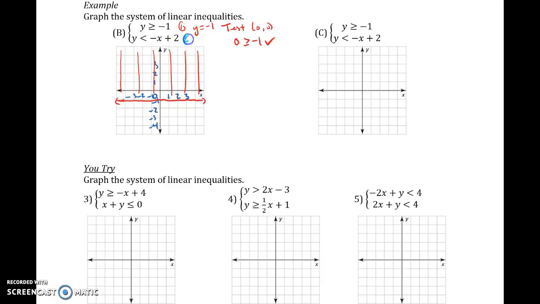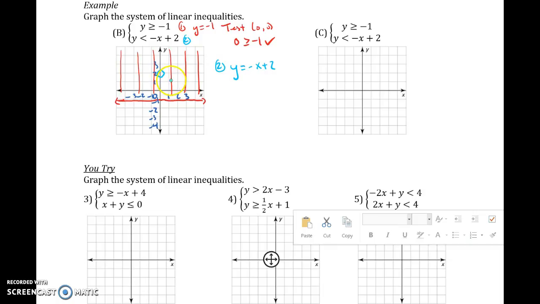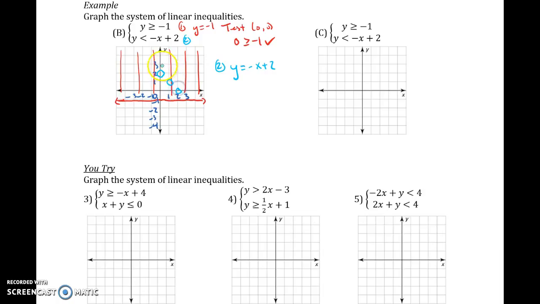So look at the next problem, number 2. For number 2, the boundary line is y equals -x plus 2. So I'm going to start at +2 as my y, using open circles because I know this is going to be dashed since it's just less than. Then we go down 1 over 1, or up 1, left 1. And this light blue dashed line is that first boundary line.